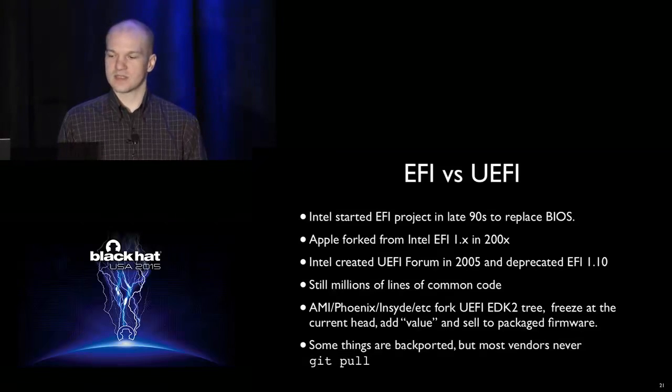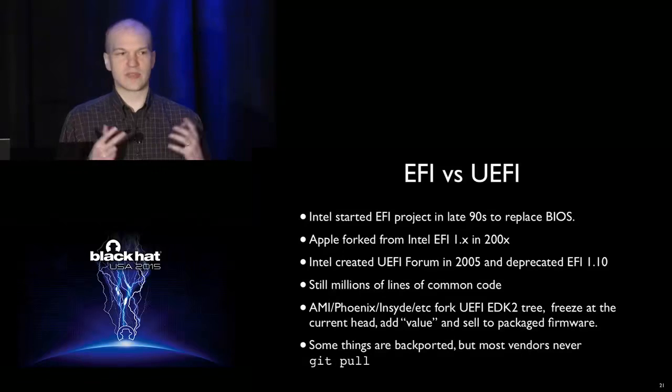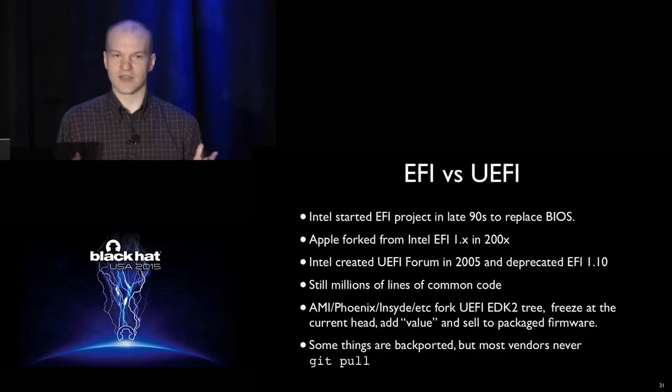So the way that firmware typically works today is that you have the open source UEFI reference implementation called EDK2, EFI Developer Kit 2. And that's open, that's public, but then independent BIOS vendors will typically fork that, add additional features, and add their value to it. And then they'll sell it to OEMs in order to make the machines that they sell to you.